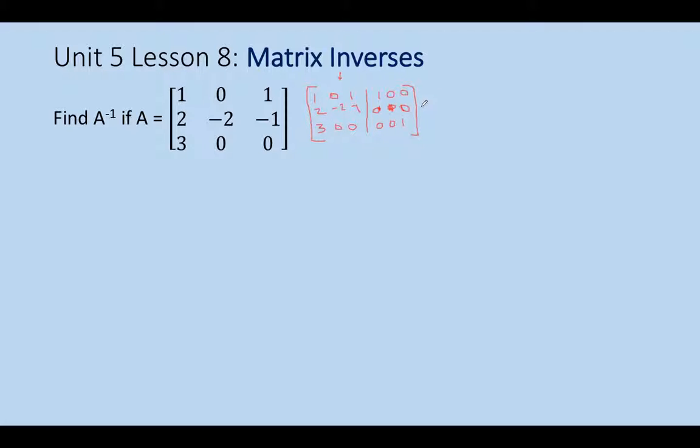And so I'm going to go ahead and multiply row 1 by -2. So -2 times row 1, and then add that to row 2. And when I do that, the top row is going to stay the same, 1, 0, 0. But -2 times 1 is -2. -2 plus 0 is 0.